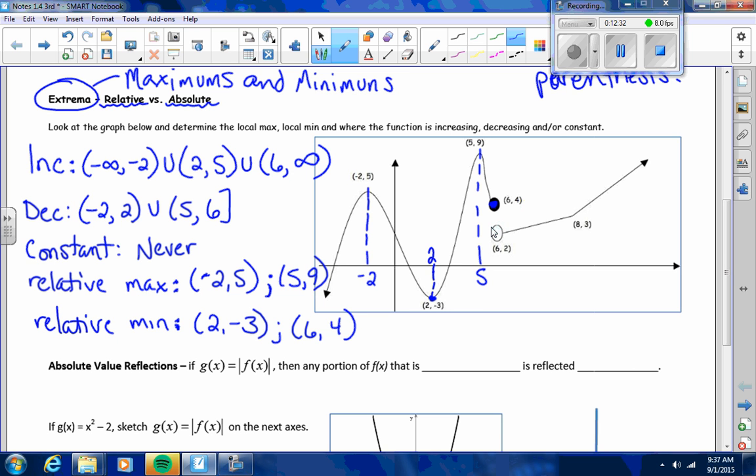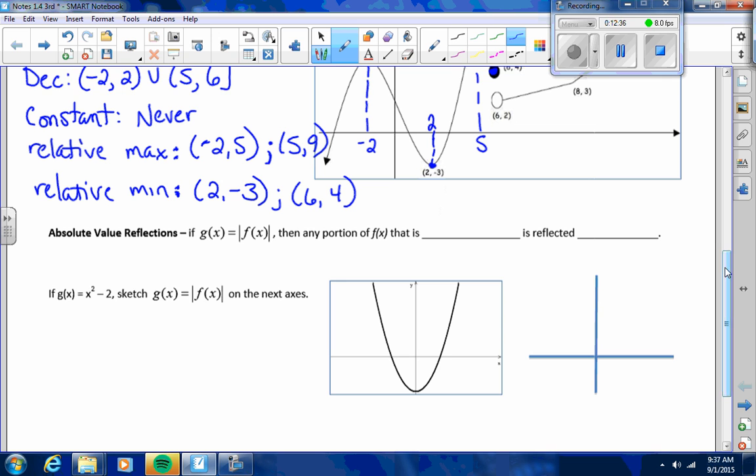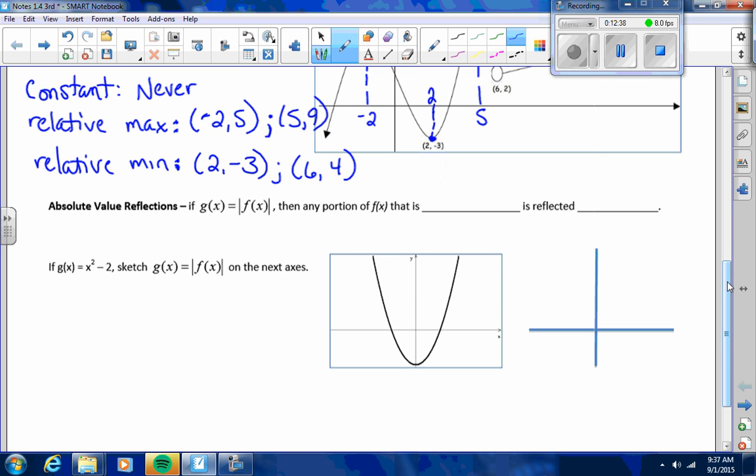Okay, let's look at the next piece. Absolute value reflections. If g of x equals the absolute value of f of x, then any portion of f of x that is below the x-axis is reflected over the x-axis.